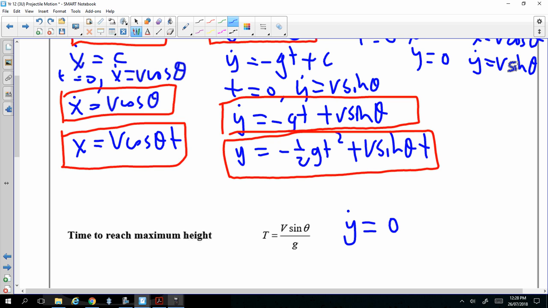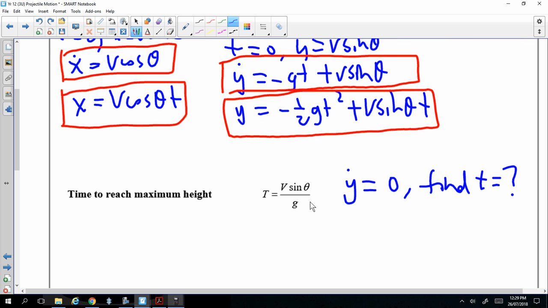Okay, let's do that. y dot equal to 0 means that negative gt plus v sine theta equal to 0. Make t the subject, so gt equal to v sine theta, t equal to v sine theta over g.